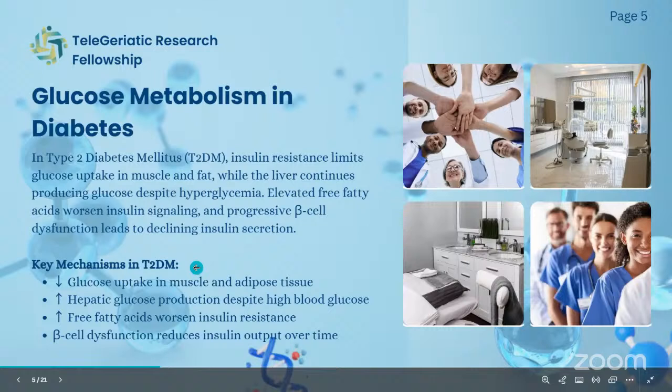The key mechanisms are decreased glucose uptake in muscle and adipose tissue, increased hepatic glucose production despite high blood glucose, increased free fatty acids that worsen insulin resistance, and beta cell dysfunction that reduces insulin output over time.